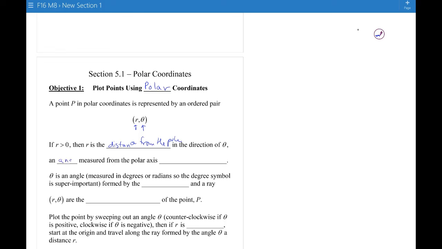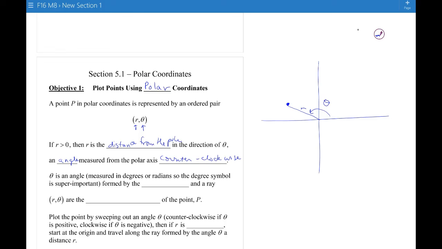An angle measured from the polar axis counterclockwise. So if we put a point here, then r is this distance from the pole, and θ is the angle measured from the polar axis counterclockwise.